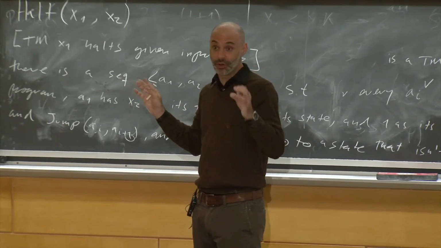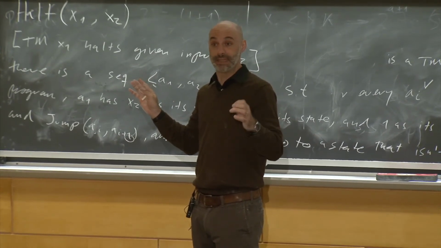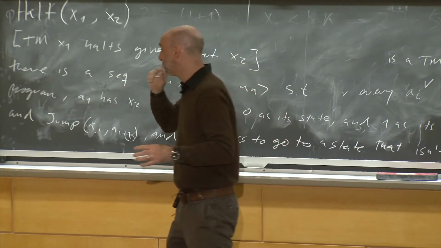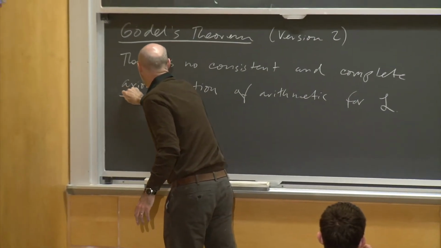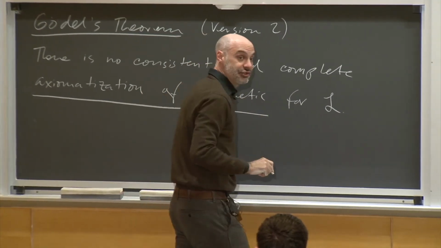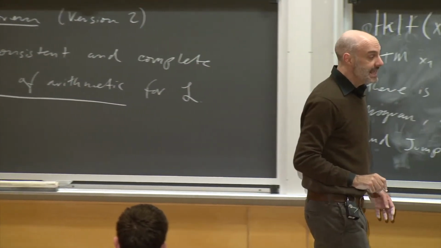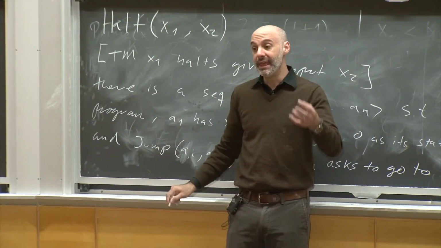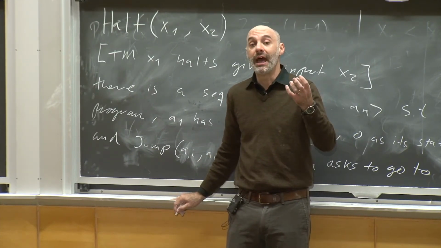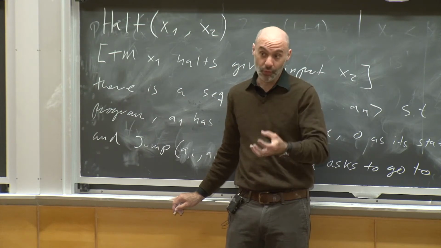It's not exactly what Gödel meant, but it's slightly simpler, and it'll give you the main idea. So an axiomatization of arithmetic is a system for proving things in arithmetic. And the idea is that you have some axioms and some rules.